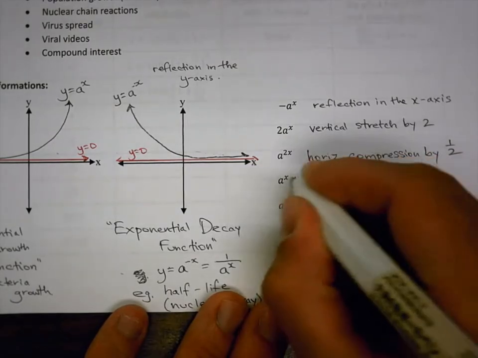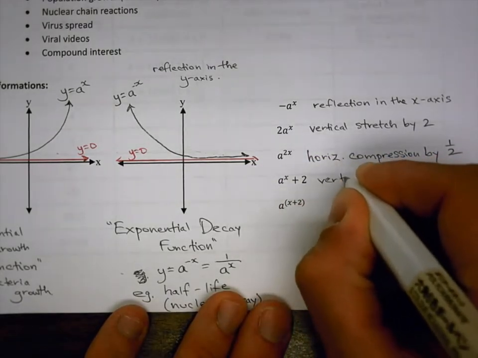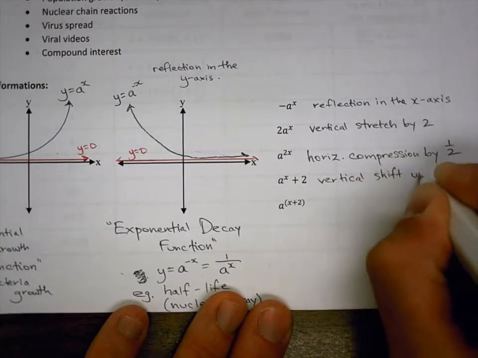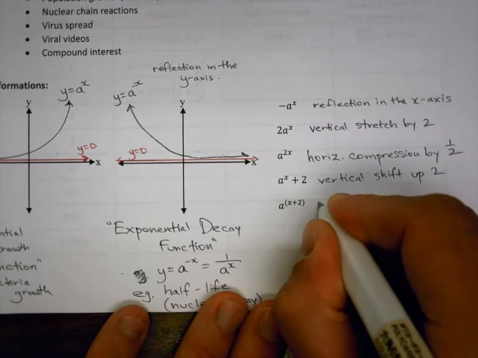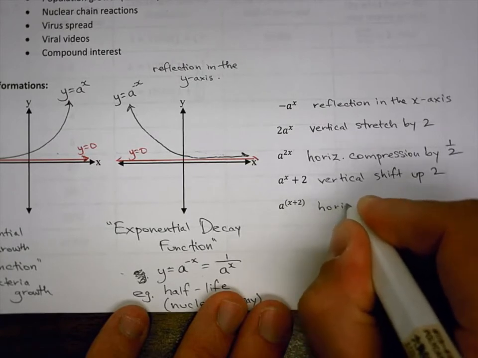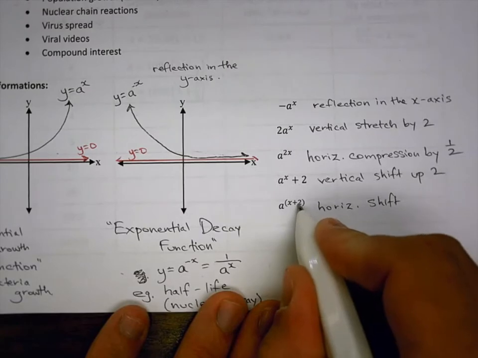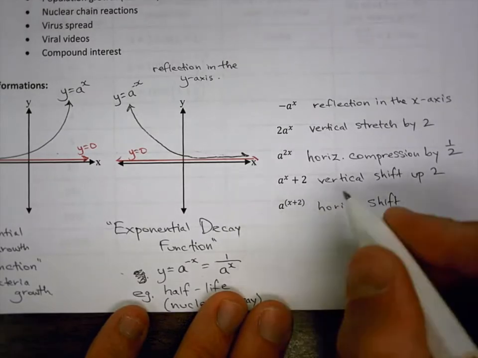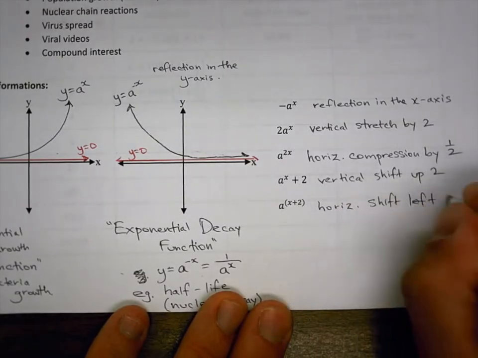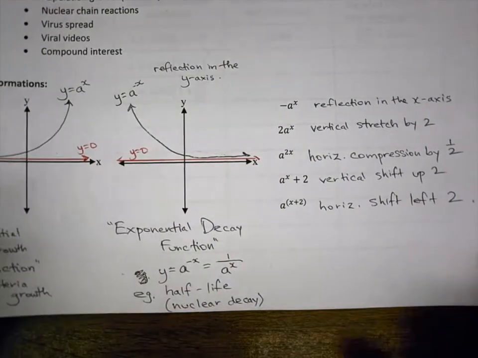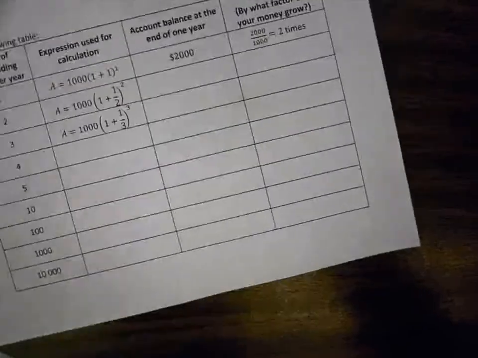Well, this is something being done outside the bracket. This is a vertical shift or translation up 2. This is a horizontal shift. Remember, plus 2 you would think would be to the right, but it's reversed, so it's left 2. So you already are experts on transformations. You don't have to spend too much time worrying about them for this function.